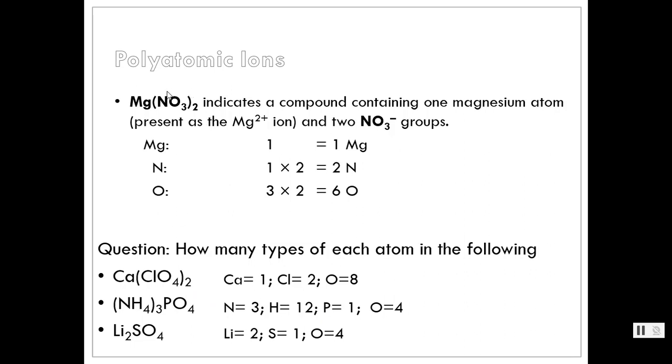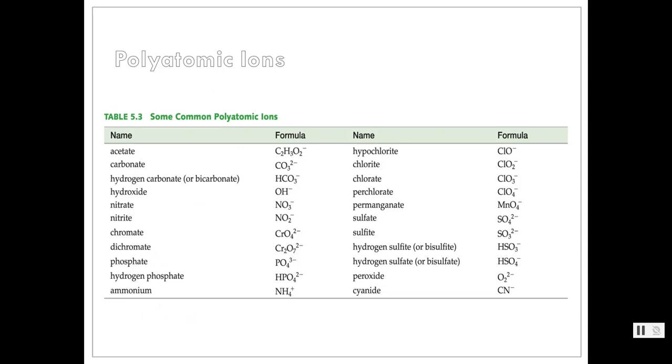So we used 4 different polyatomic ions in these examples. The next 2 slides list some, well, at least this slide lists from your book some very common polyatomic ions, their name and corresponding chemical formula.